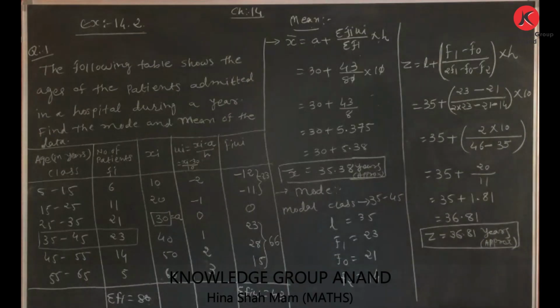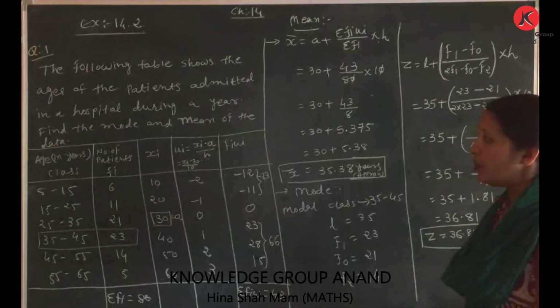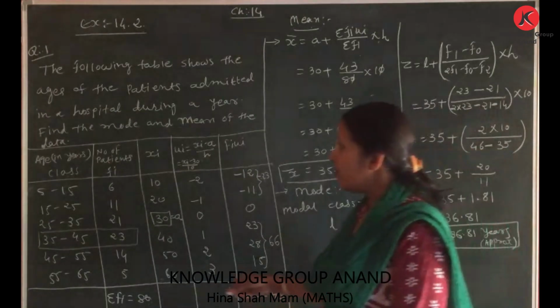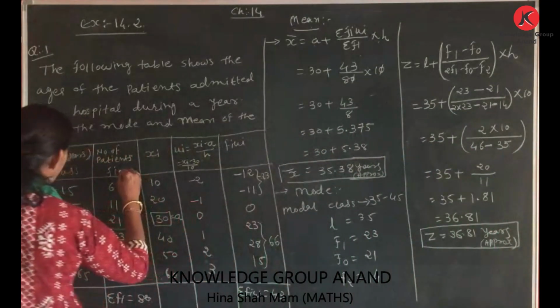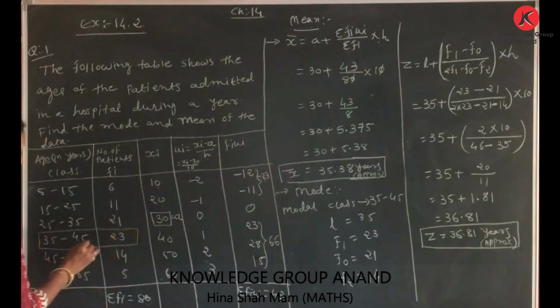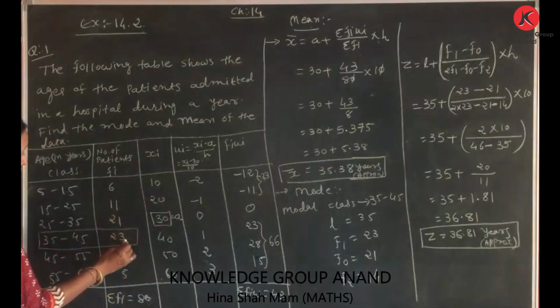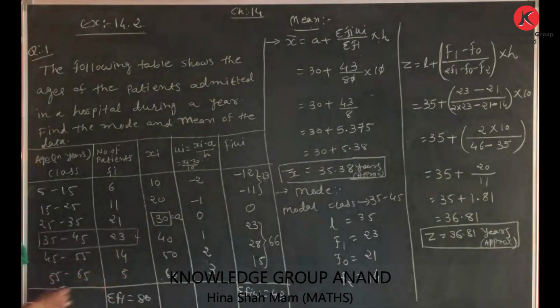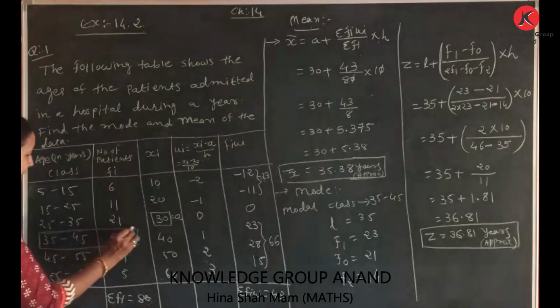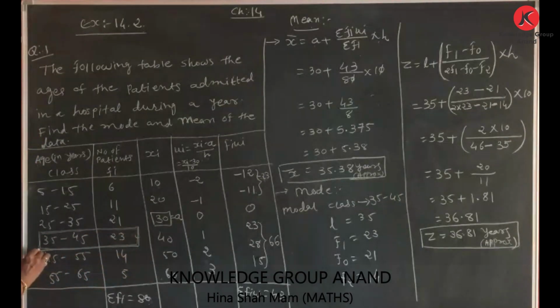Now we find mode. We want the maximum frequency, to see which class has the maximum frequency. In this frequency column, 23 is the maximum number. Therefore, the modal class is 35 to 45.